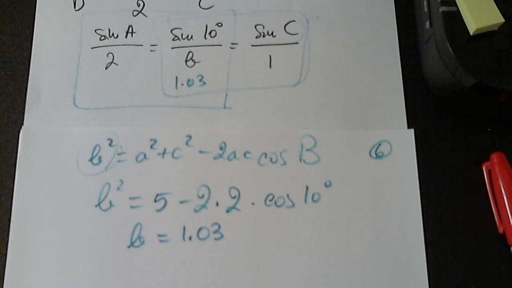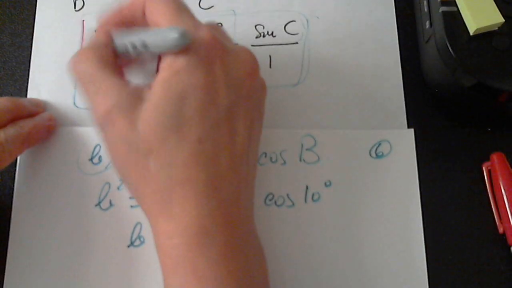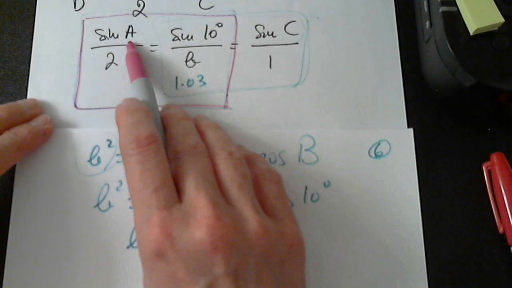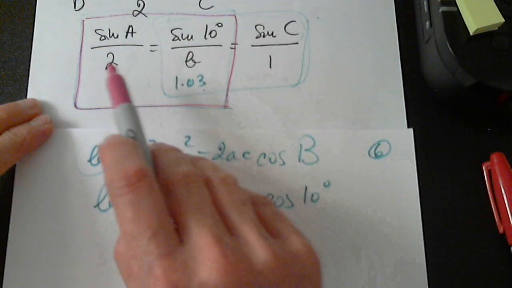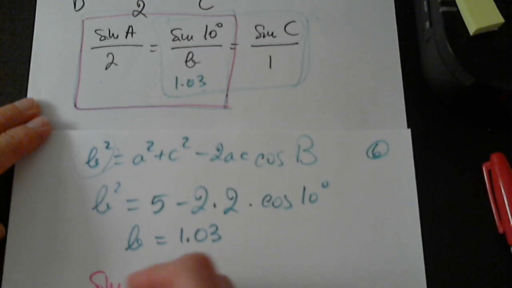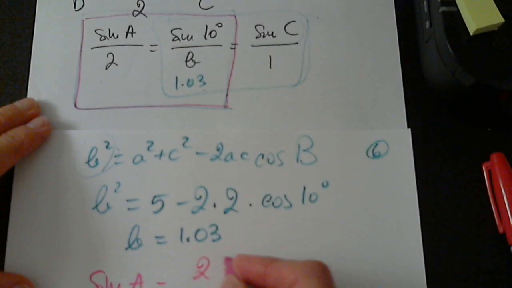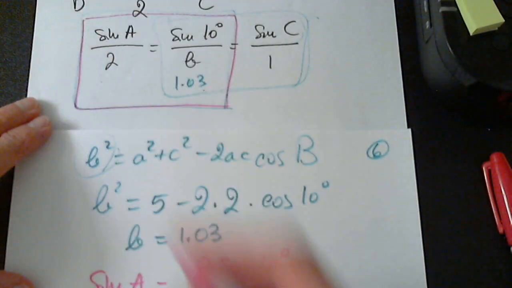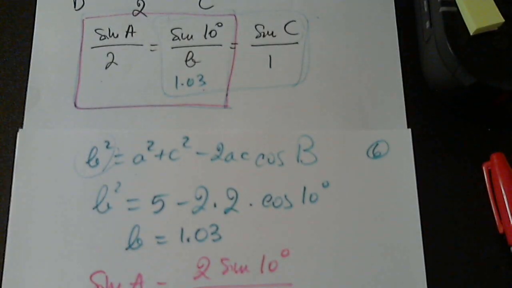We could do A. Okay, perfect. So if we do A, then we have sine A times 1.03 equals 2 times sine 10. So sine A equals 2 times sine 10 divided by this number that multiplies sine A. And once we determine that, we will determine C by subtracting.